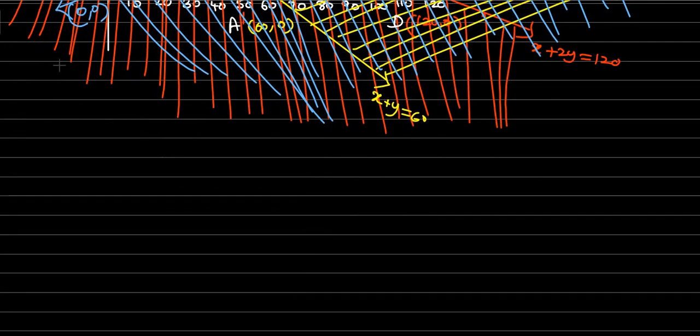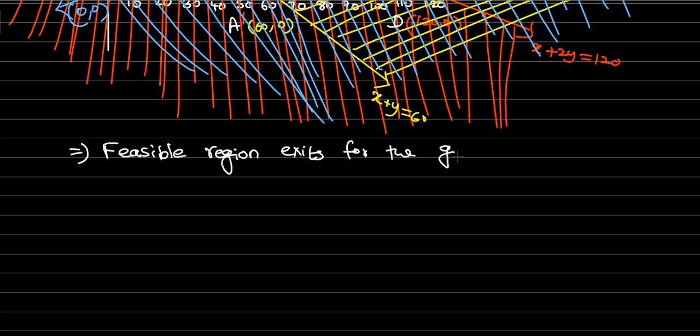So we can notice that the feasible region exists for the given inequalities subject to constraints, and it is bounded.